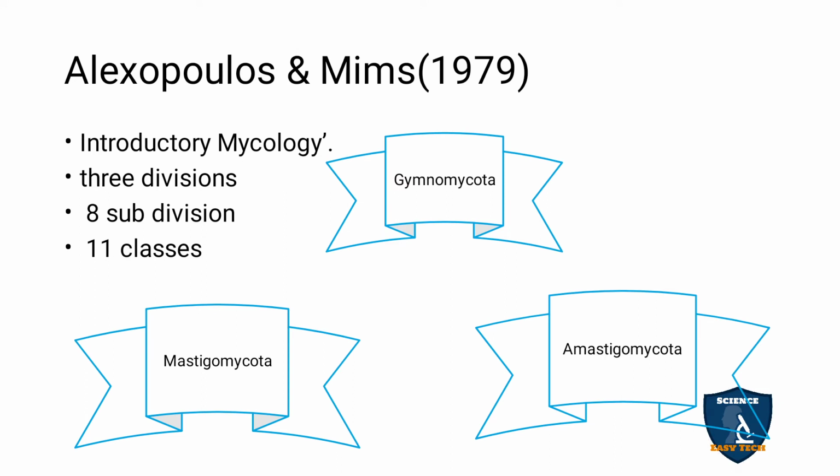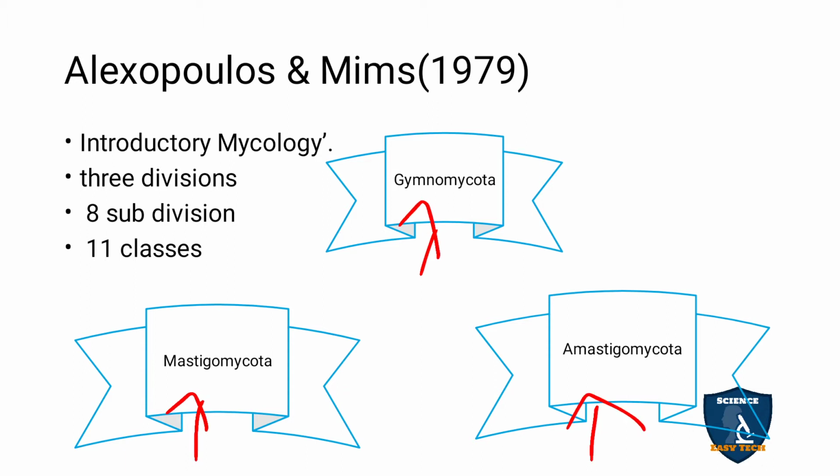Next, Alexopoulos and Mims in 1979, in their book Introductory Mycology, classified the fungi into three divisions: Gymnomycota, Mastigomycota and Amastigomycota.